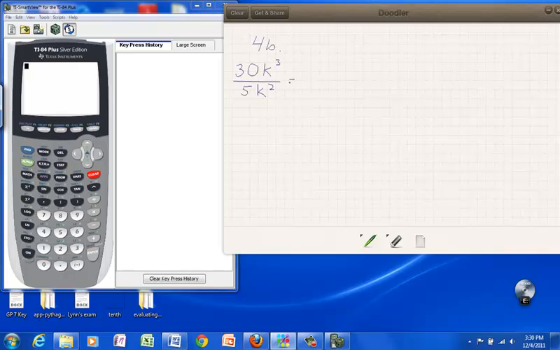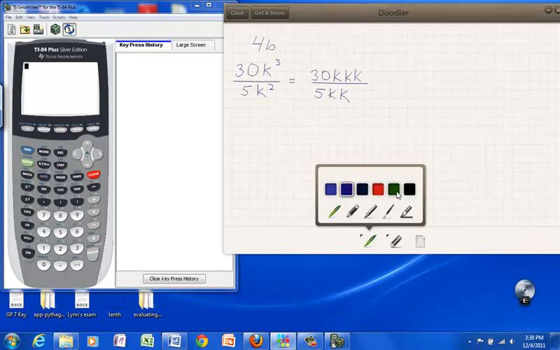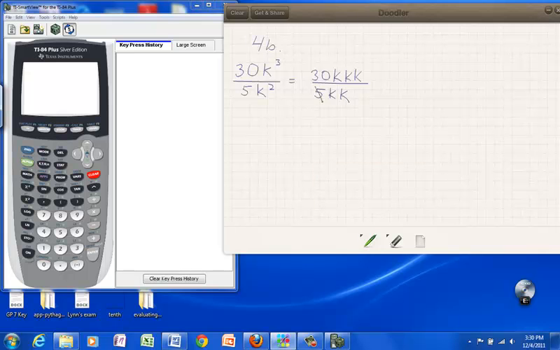Expanded, canceling. 5 divides into 30 6 times.